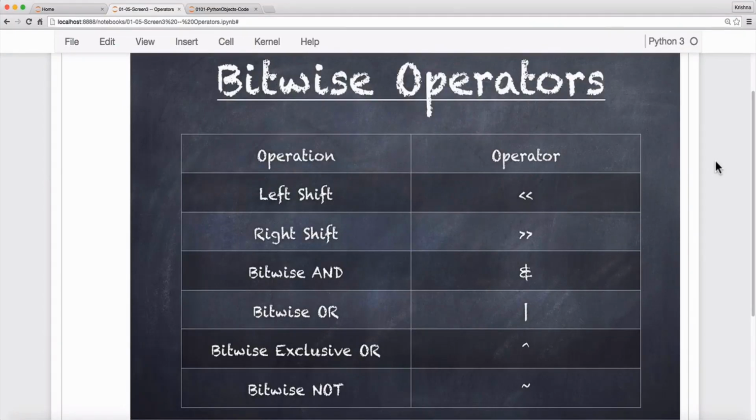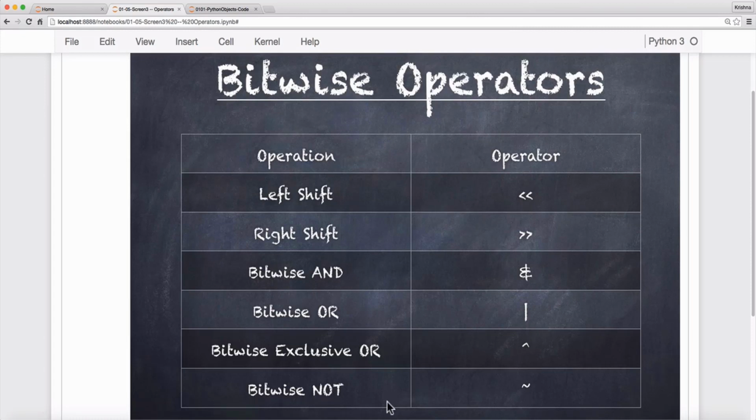Hi, welcome back. In this lecture, we'll look into bitwise operators, and here are the Python bitwise operators. The left shift with two left angular brackets, and right shift with two right angular brackets, and these are the bitwise AND and bitwise OR operators, and this is the bitwise exclusive OR operator.